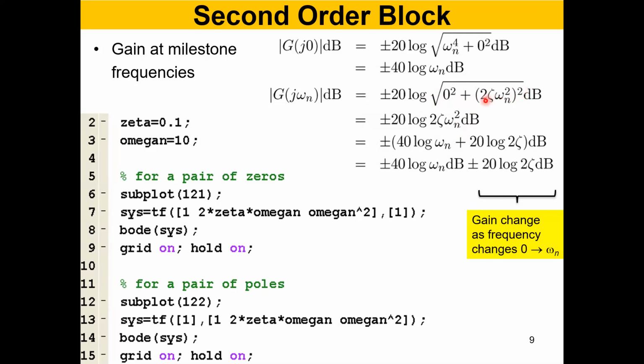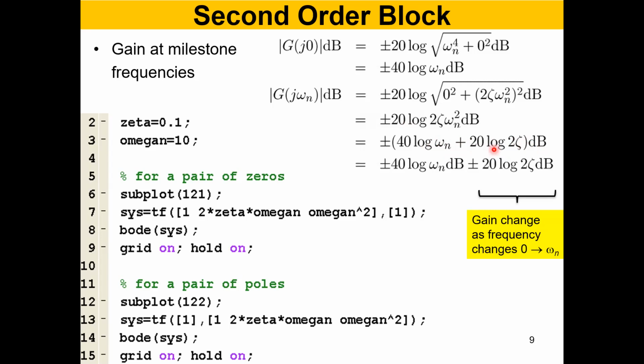So it is basically 2 zeta omega n square over here. So now you can break this down into two pieces, omega n square and 2 zeta separately. So omega n square becomes the first term here, that is log of omega n, and this 20 becomes 40 because of the square. And the second part, 20 log 2 zeta dB.